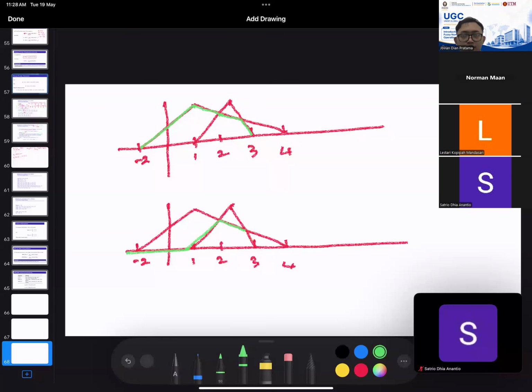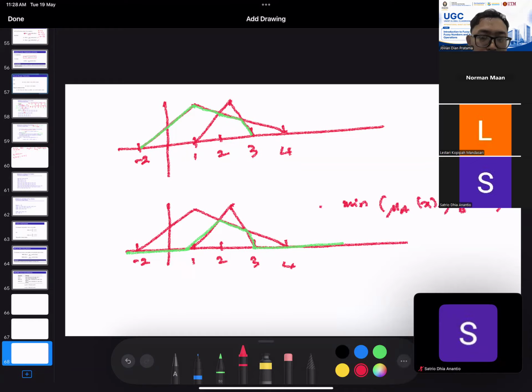So this is a minimum, mu A(x), mu B(x), or in other words, A intersect B.